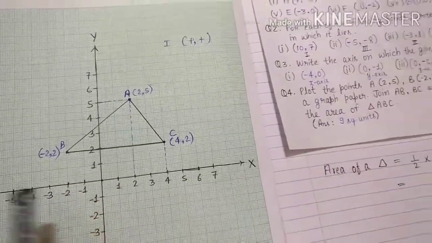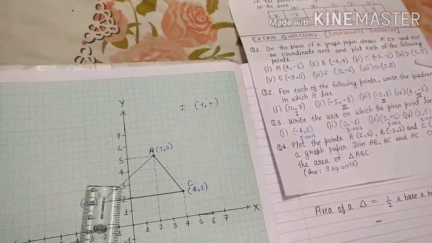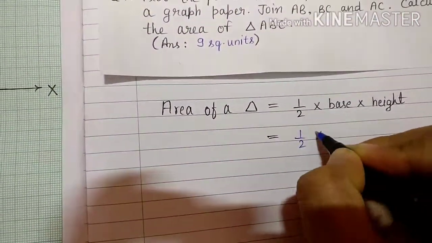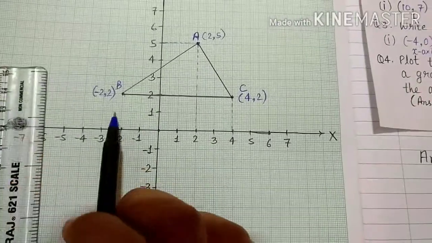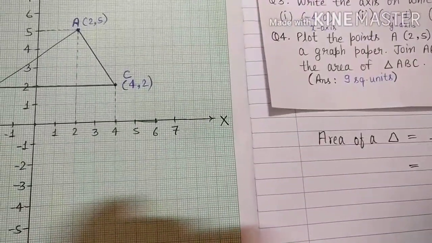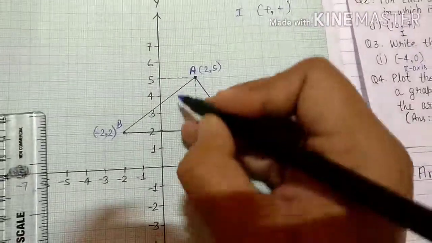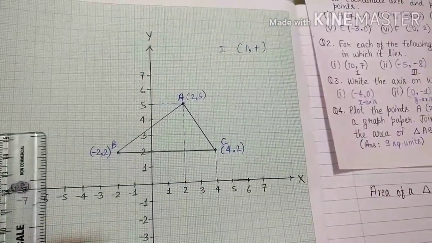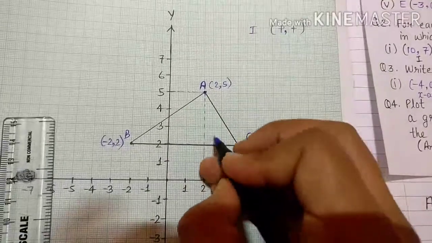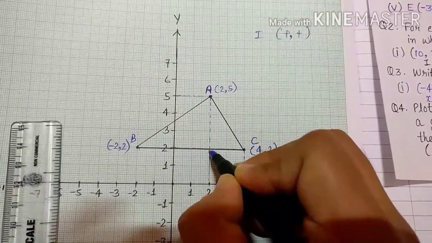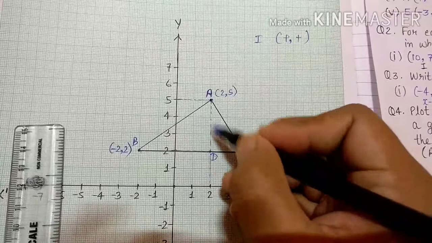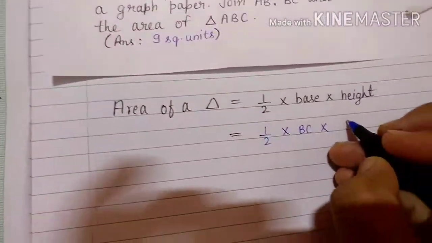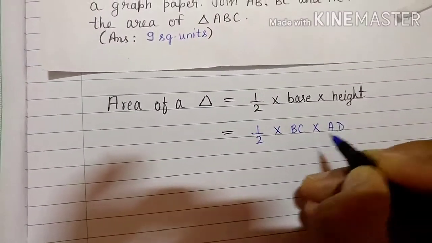So we can write 1 upon 2, in place of base we can write BC. What is our height? Height is coming in from this way. The dotted line we can write down. So this point we can call D point. So AD becomes our height. Into AD.